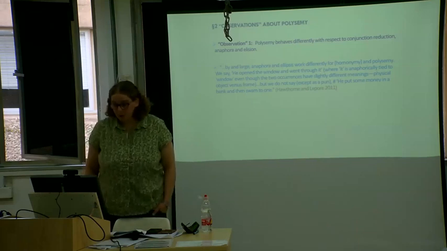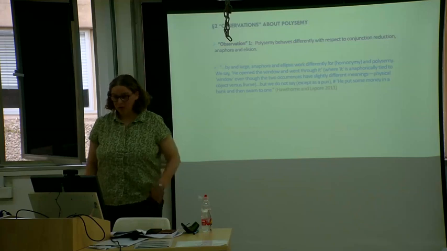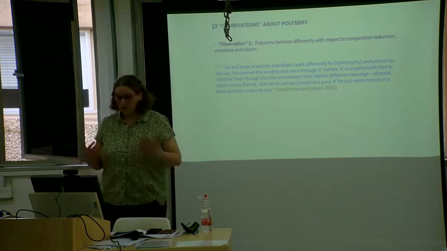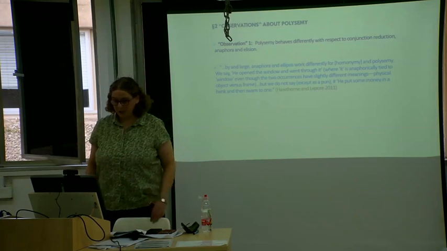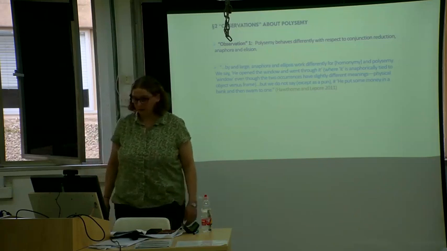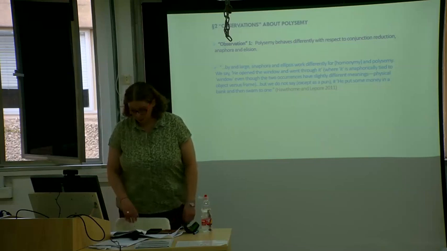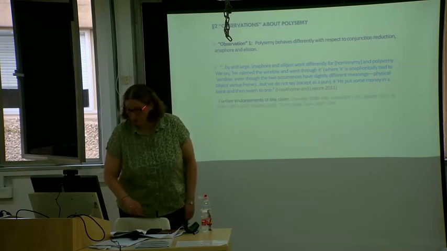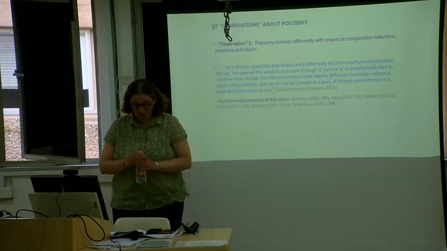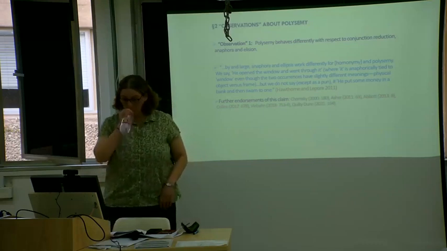We say he opened the window and went through it, where it is anaphorically tied to window, even though the two occurrences have slightly different meaning. But we do not say, except as a pun, he put some money in the bank and then swam to it. And I put here a bunch of other citations of theorists that make this claim.